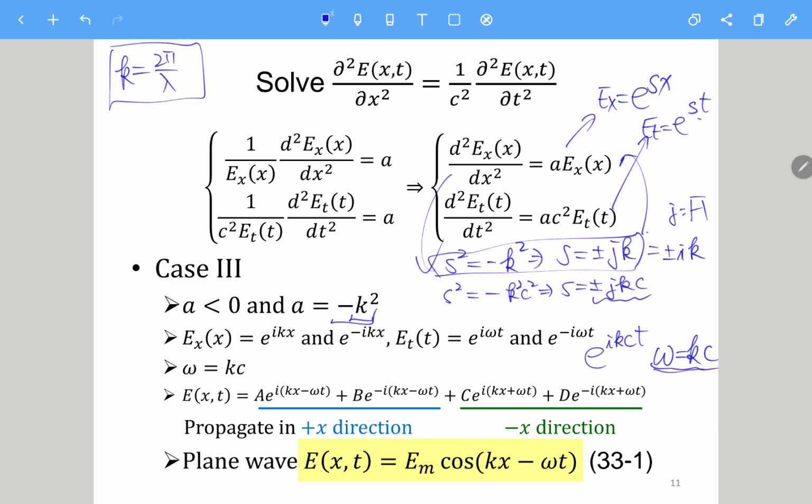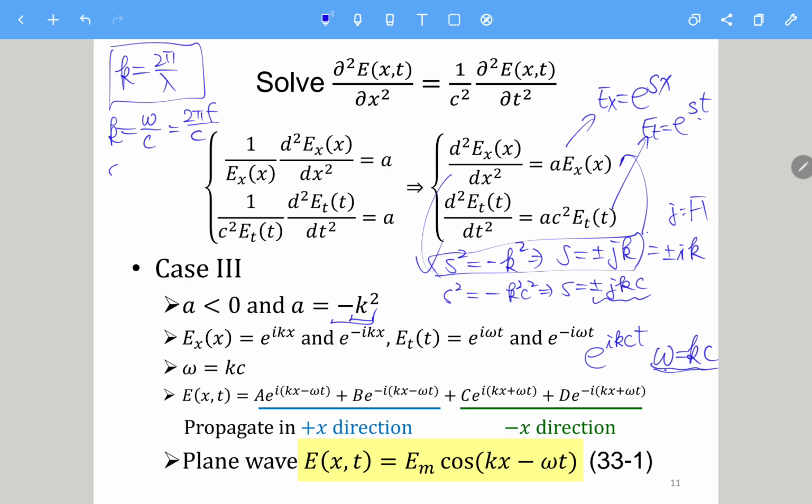Okay, whether it's correct. So here omega equals kc, which means that k equals omega over c. Omega is the angular frequency, which means that it should be 2 pi f over c.